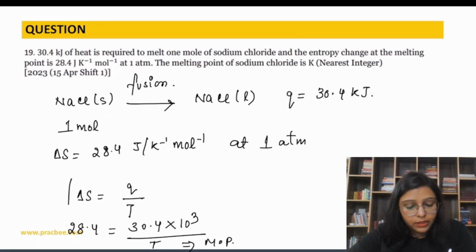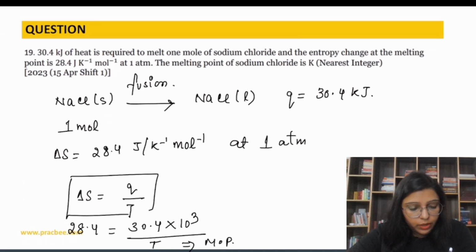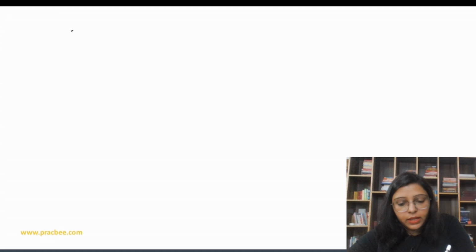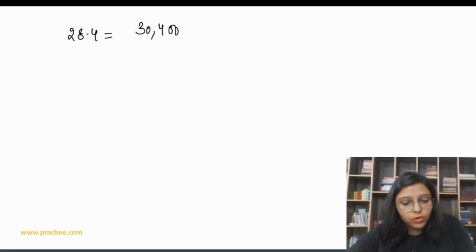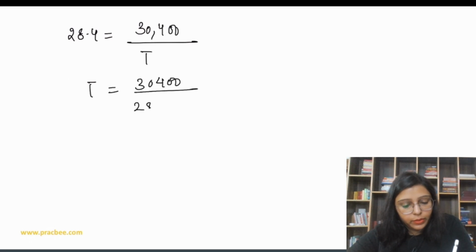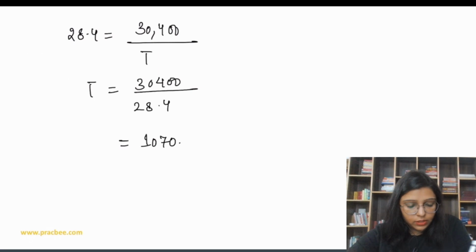So we apply delta S is equal to Q by T. On solving, we get 28.4 is equal to 30400 divided by temperature. So temperature is equal to 30400 divided by 28.4. On solving, we get 1070.242 Kelvin.